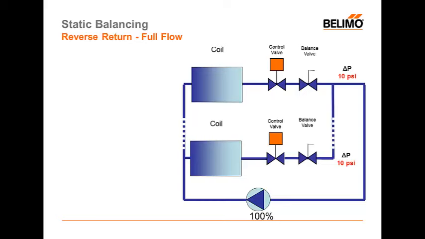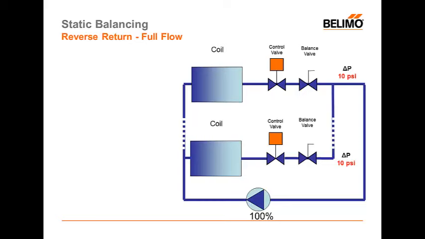When we do reverse return piping, the goal is to pipe it in such a manner where each branch run sees approximately the same amount of pressure drop. So again, the water now is first in and first out instead of first in and last out in my first branch run. And so I can have a nice moderate 10 psi pressure drop across my first branch.